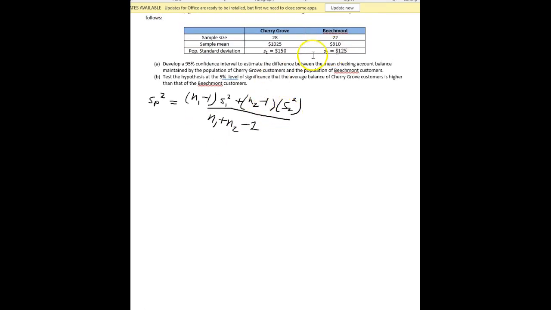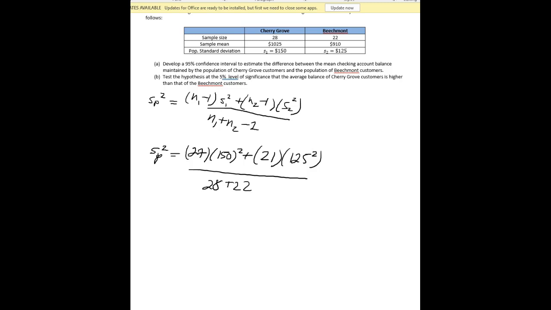Here we go. Let me scroll up. Go ahead and we do that. You can already see why we don't really want to handle much of this by hand this semester, just because there is a slew of number crunching, sheer number crunching. 27 times 150 squared plus 21 times 125 squared, all over 28 plus 22 minus 2.